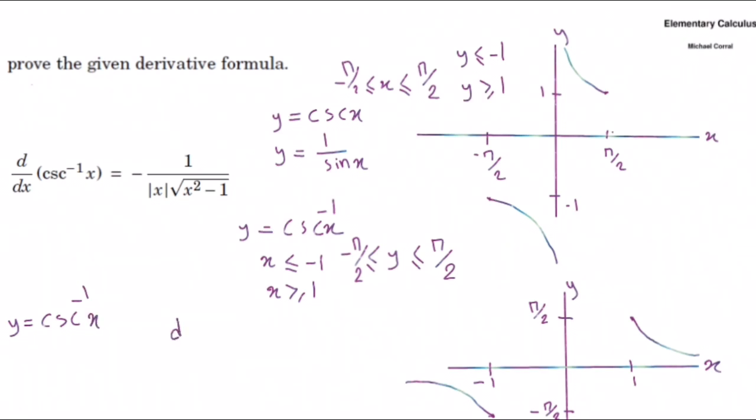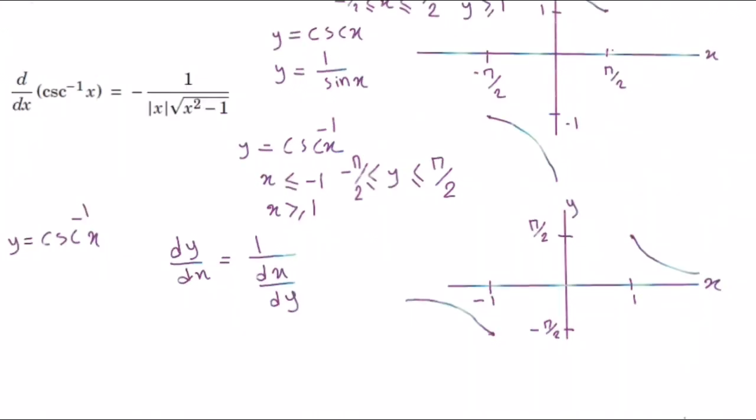So the derivative of y with respect to x equals 1 over the derivative of x with respect to y, and we know that x equals cosecant y, and the derivative of x with respect to y equals the derivative of cosecant y, which equals negative cosecant y times cotangent y.